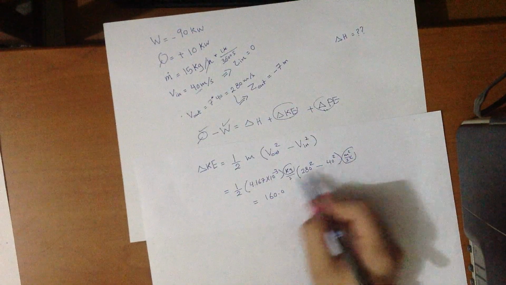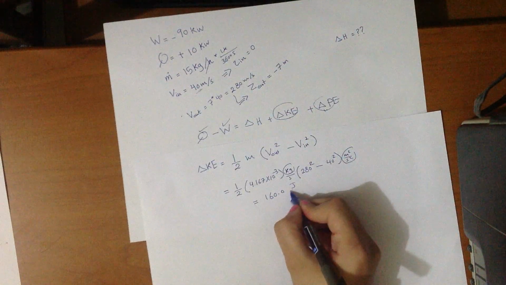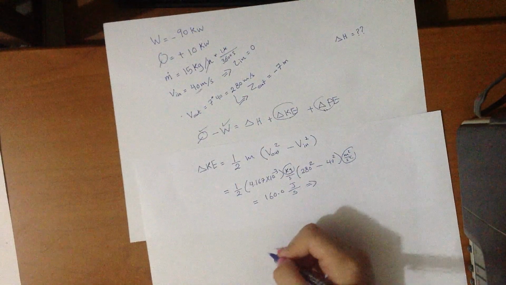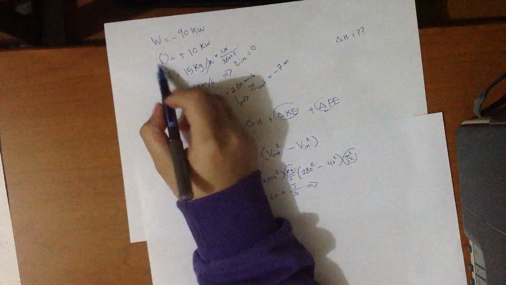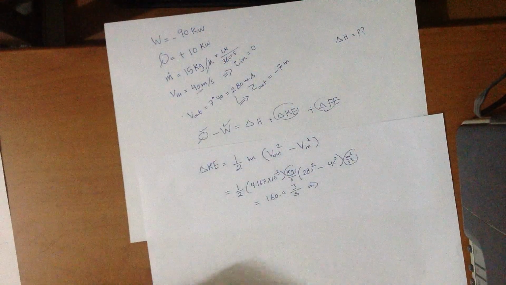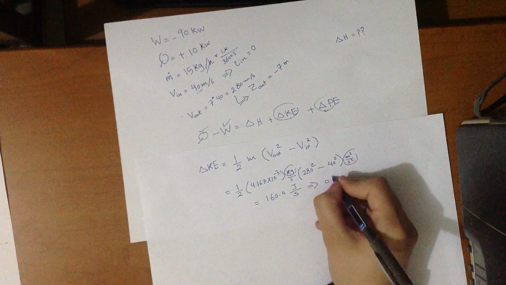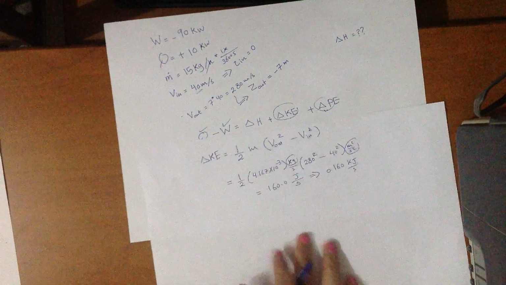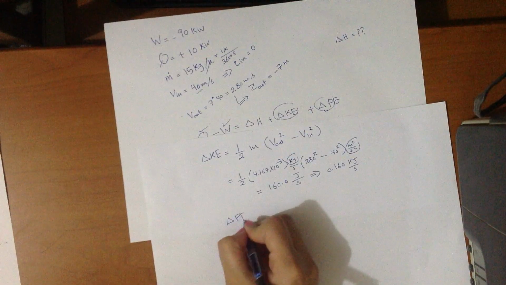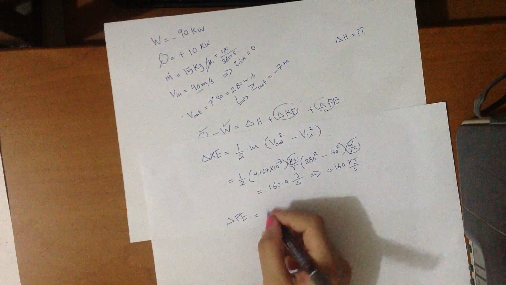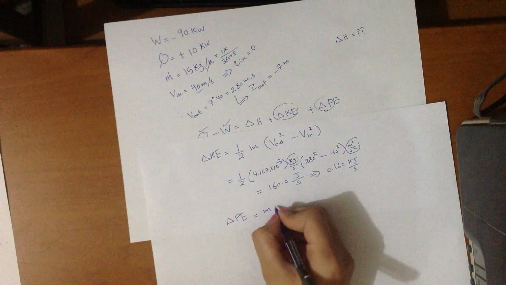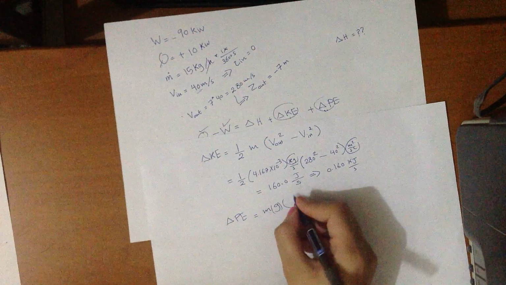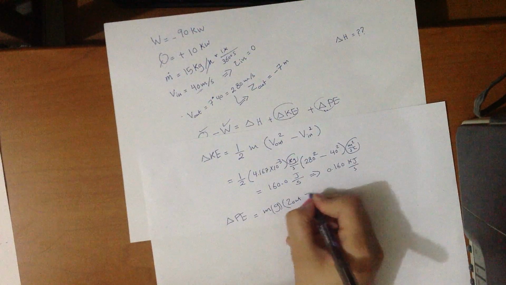This is joule per second. We have to convert it to kilojoule per second because the heat and the work here are in kilowatt, so it is 0.160 kilojoule per second. And for the potential energy, it is mass times gravity times Z out minus Z in.